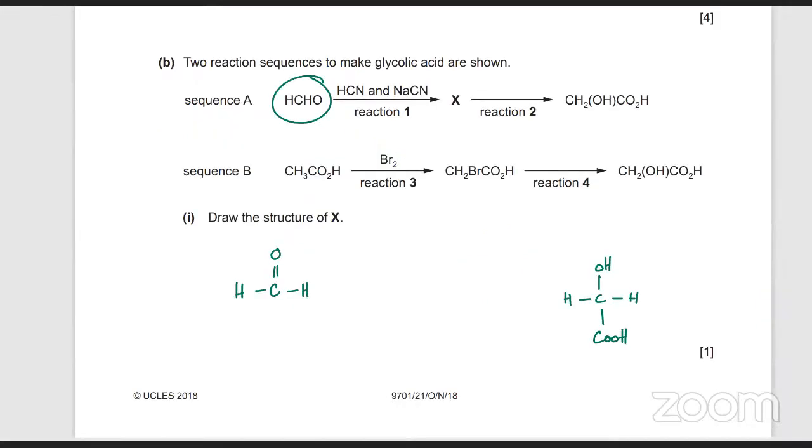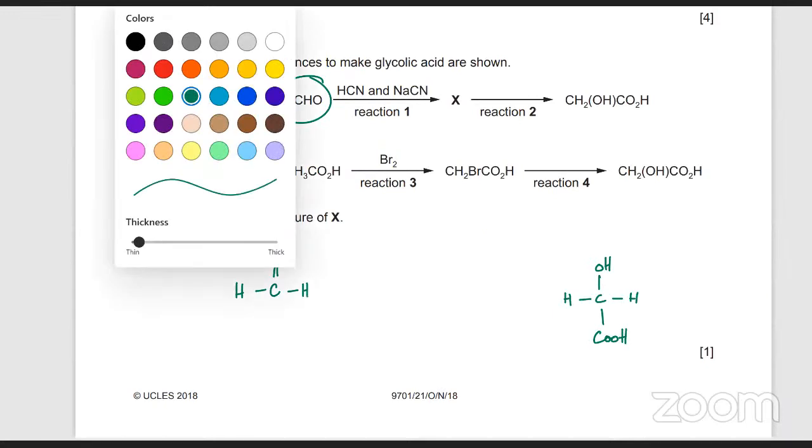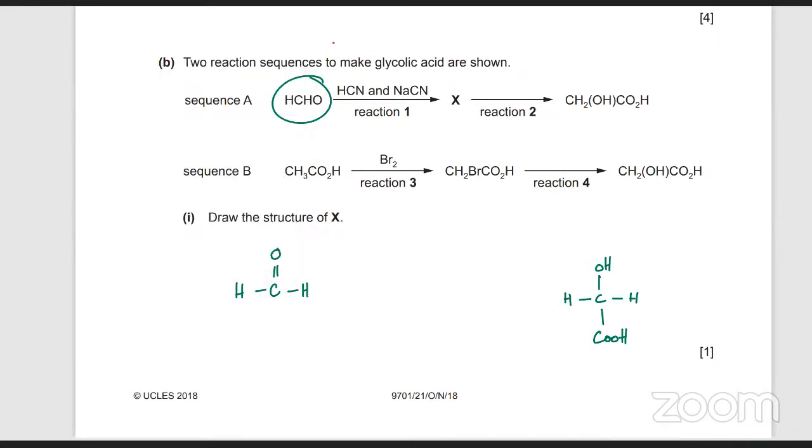I'm going to even draw the mechanism. This carbon is slightly positive, this oxygen is slightly negative. The CN- with its lone pair is going to attack this carbon, and the C=O double bond electrons are going to be repelled.